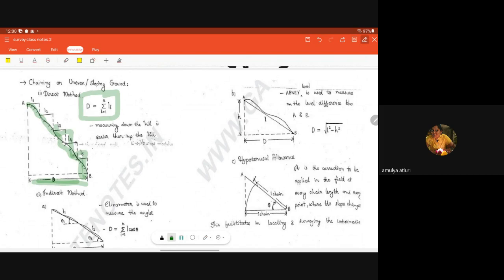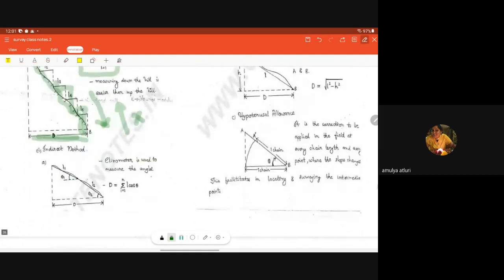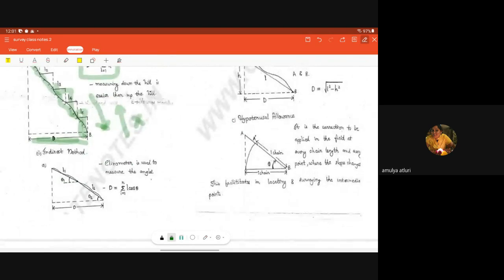Okay. Generally, measuring down the hill is easier than going up the hill. If I want to measure this distance, I will just go down. This is easier than this. Okay. So this is the direct method where we can take projections and calculate the length.